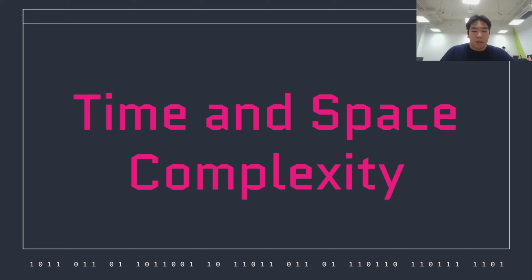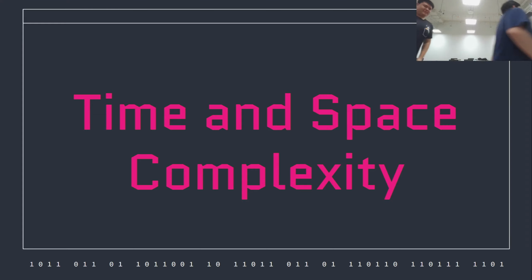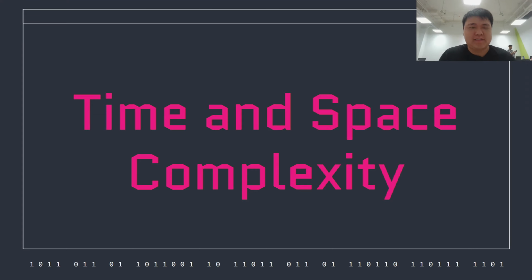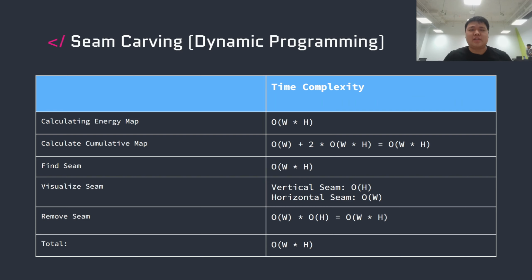So now I'll be passing my time to Jun Kang to talk about the time and space complexity. Thank you, Solomon. First we'll be looking at the time complexity for both algorithms. For the dynamic programming, we can see the time complexity written on the right of the table and the process written on the left of the table. We can see that the growth rate tends towards O(WH), W being the width and H being the height of the image.